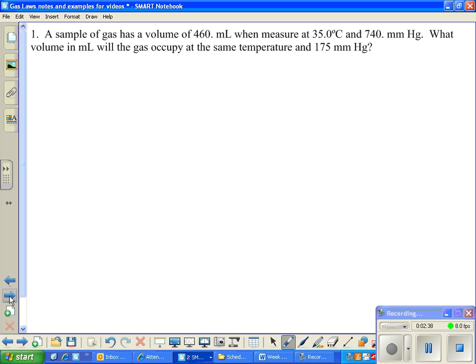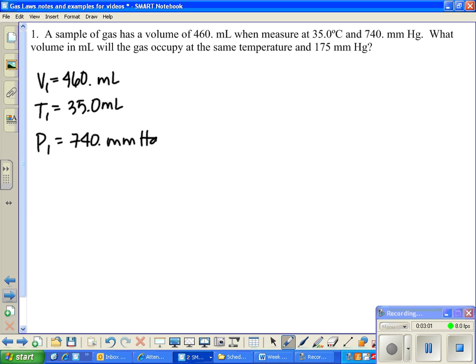In order to do these problems, we really need to write out our givens, and we need to be very specific about initial and final values. In this problem, we have a volume initially of 460 milliliters. We have a temperature initially of 35.0 degrees Celsius and a pressure of 740 millimeters mercury.